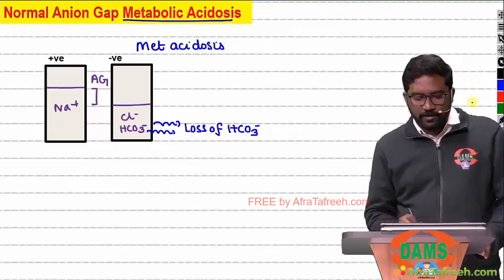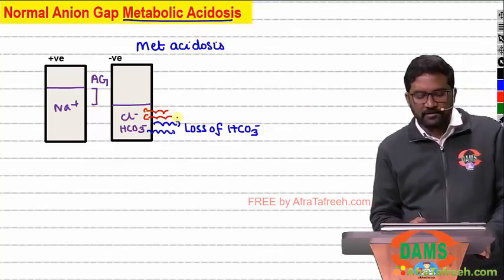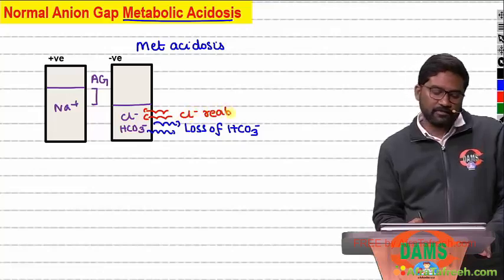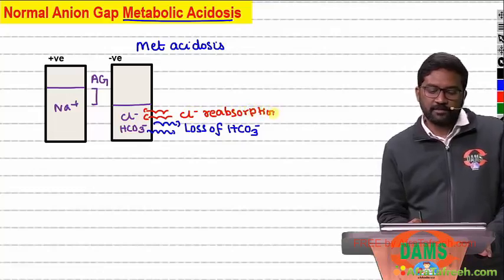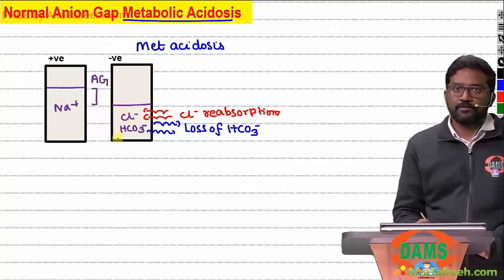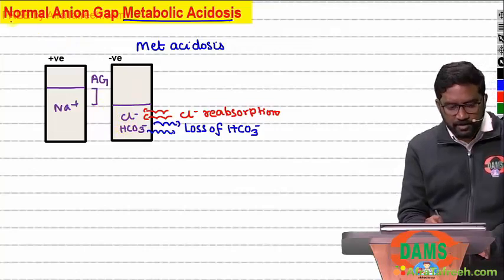For whatever bicarbonate is lost, your kidneys will take back equal amounts of chloride in return, because chloride is coming back in excess. The volume of this compartment, chloride and bicarbonate, remains same. So anion gap will also not change.